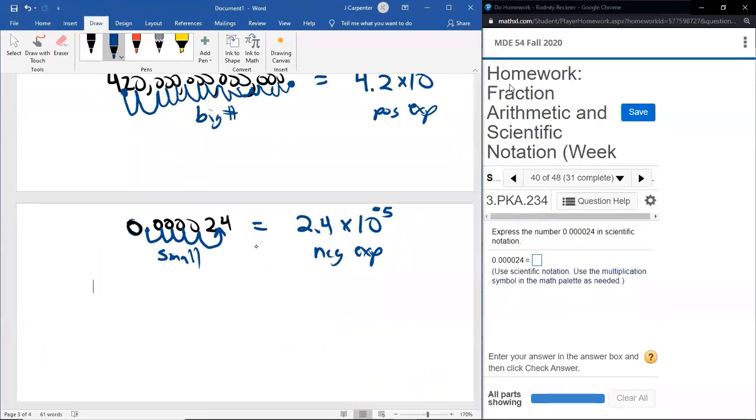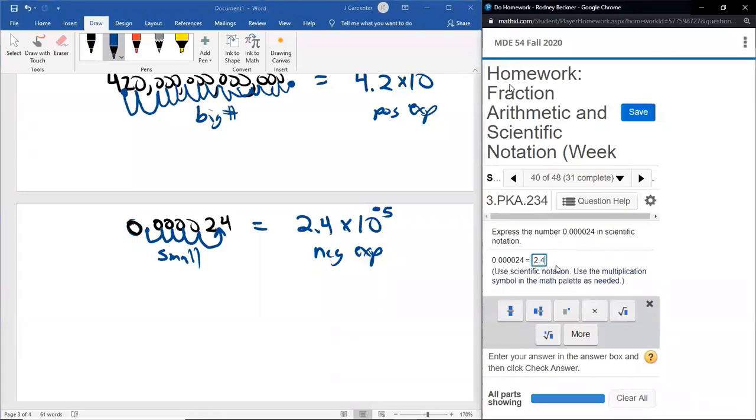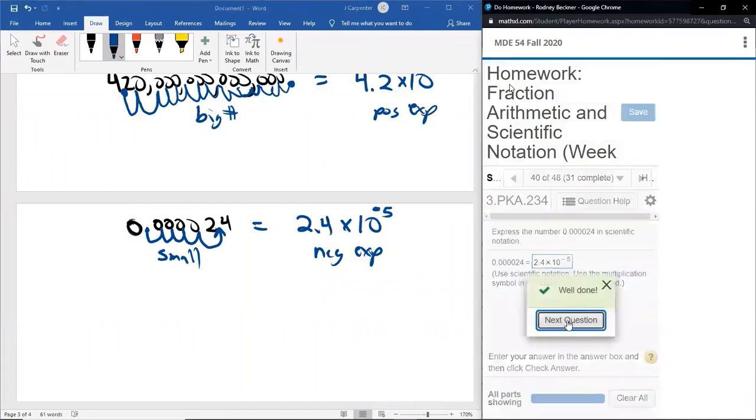We don't deal with negative exponents too much in this course, so I don't expect you to rationalize them, but you can at least say, if this was positive, the number would be 240,000, which is not the original number, so make it negative. All right, so 2.4, then times 10, exponent, and then a negative 5. Hit enter, and we got it right.